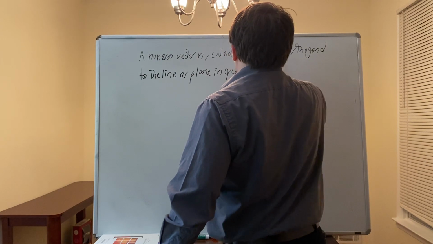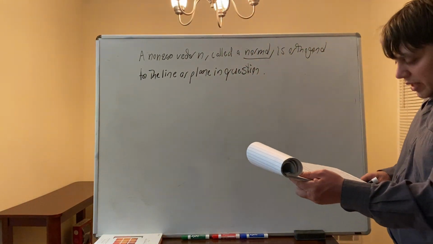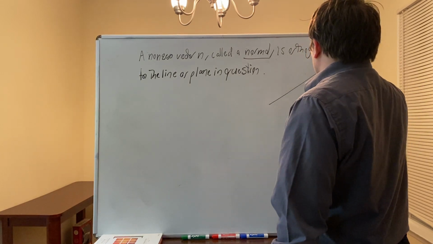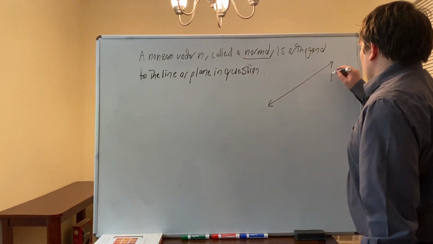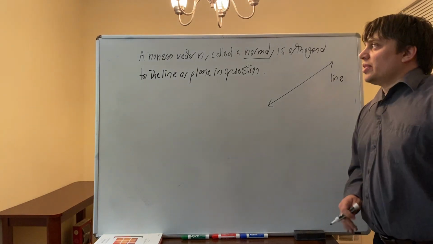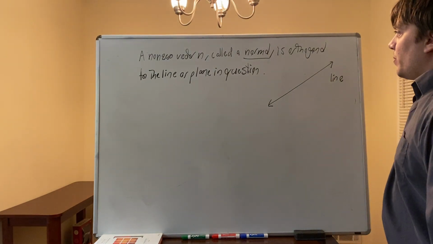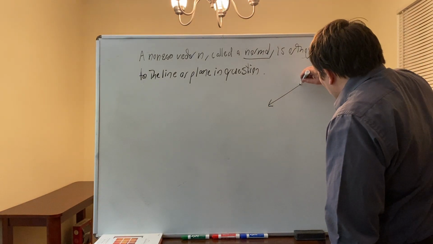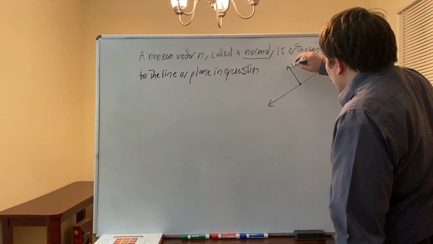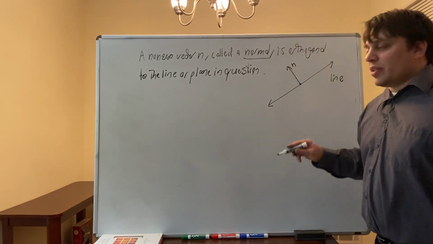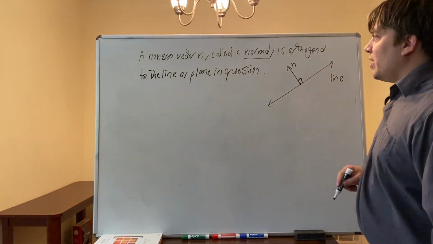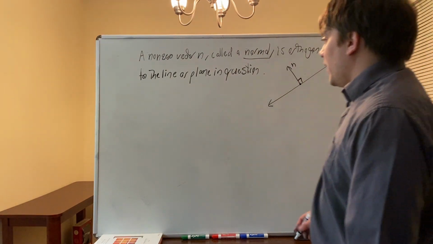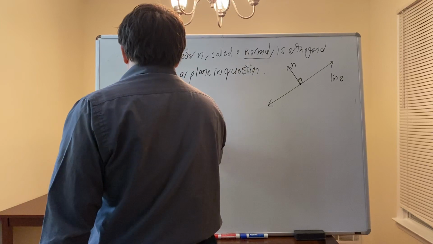Okay, so let me draw a picture and illustrate what that means. So if you have a line, a normal is something that's orthogonal to that line. So let's draw a normal. A normal is going to be a vector, I'm going to call little n, that's just perpendicular to the line. And that little n is acting as a normal to that line. And if you have a plane, I'm going to draw a plane here.